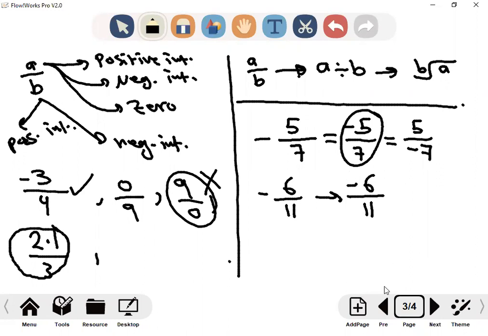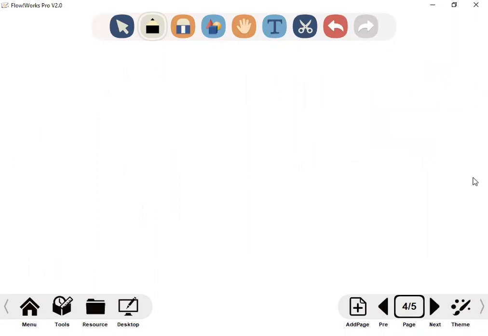How about this one? We said a rational number is any number that can be written in the form A over B, right? Fine. Is 6 a rational number? When I ask this, I'm asking you to apply the definition, right?